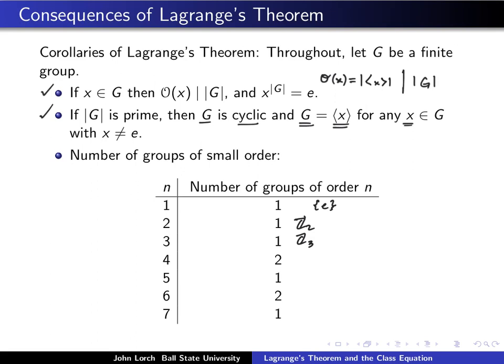For order 4, it turns out that there are only two groups. There's Z4 and another group called the Klein 4 group or the Vier group. If you feel like you're up for a challenge, pause the video and draw out a group table with E, A, B, and C, and see how many possibilities there are.